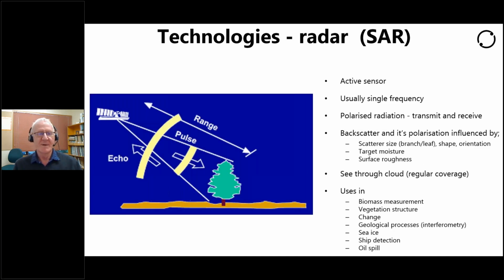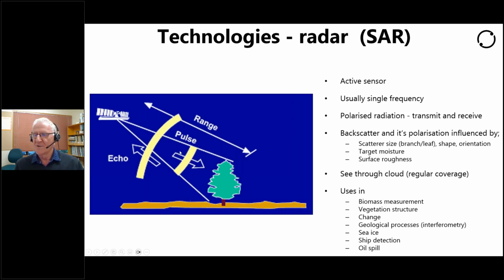I'll move on now to talk about SAR imagery. This is an active sensor. Usually it's a single frequency, and it is sending out a pulse of energy from the satellite to a target on the ground, and looking at the backscattered energy.